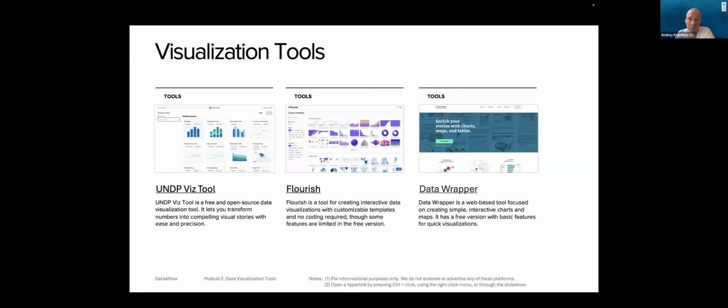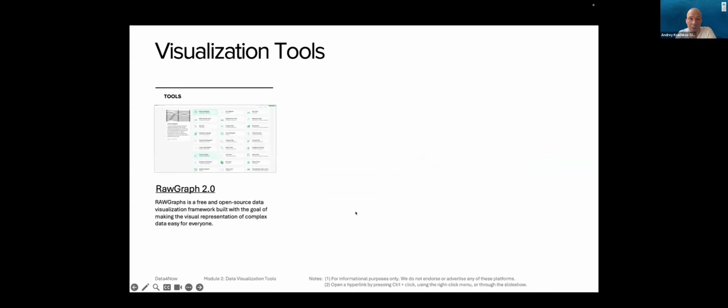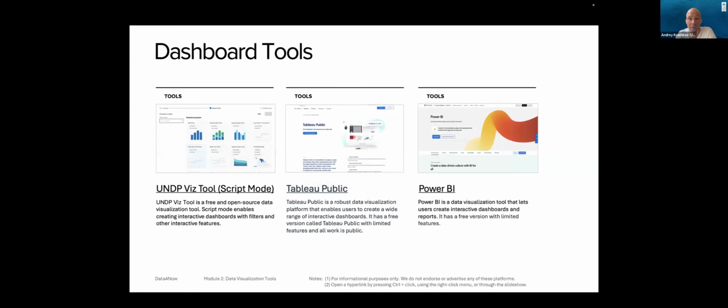In terms of visualization tools, we've added a few short blurbs about some of the visualization tools that we spoke about today, like the UNDP Viz tool and Flourish, but you can also decide to use either Datawrapper or RAWGraphs. In terms of dashboard tools, you can use the UNDP Viz tool in script mode, which is something we'll cover next week, as well as Tableau or Power BI.